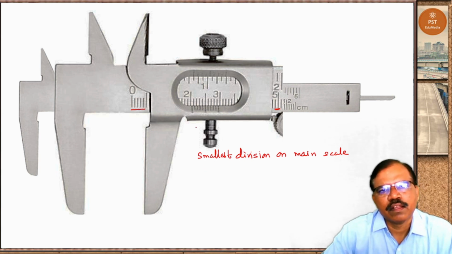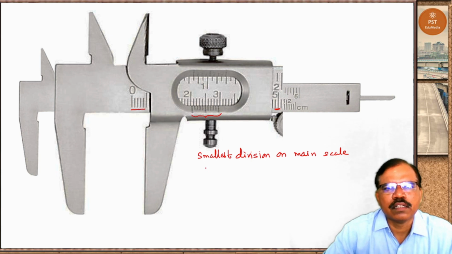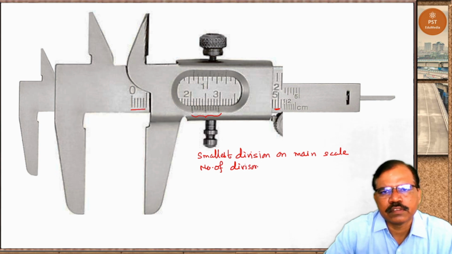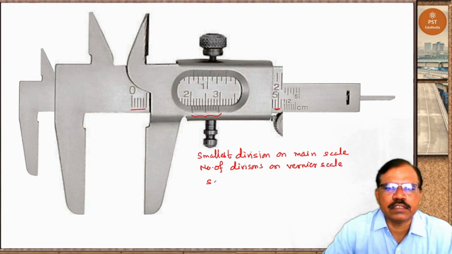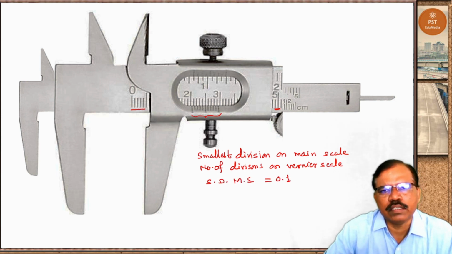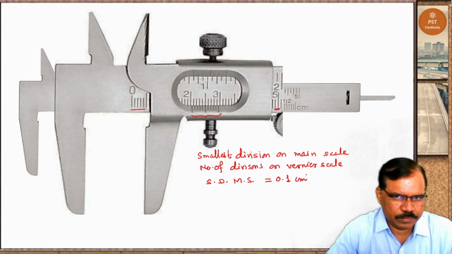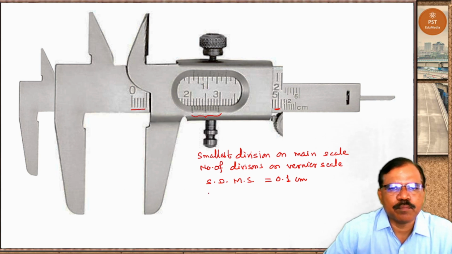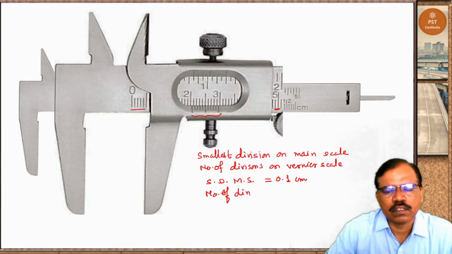And if we see this part, the number of divisions on the vernier scale. The smallest division on the main scale here is 0.1 centimeter or 1 millimeter. And the number of divisions on the vernier scale is equal to 10.